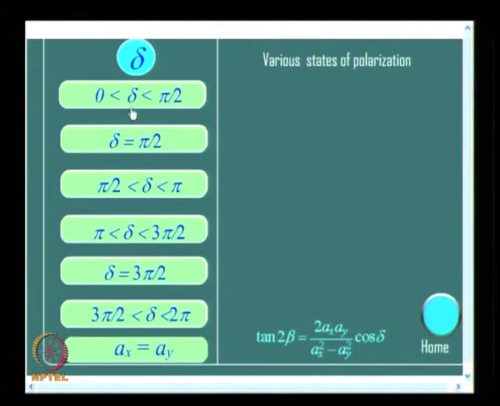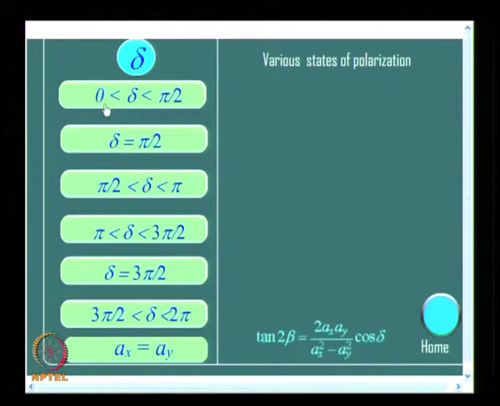We have already seen, when delta equals 0, what happens? When I have delta equal to 0, I have two vibrations and they will give you plane polarized light. Where does the ellipse come in? Ellipse does not come there. When delta equals pi by 2, then you had the equation of a simple ellipse whose axes coincide with the x and y direction.